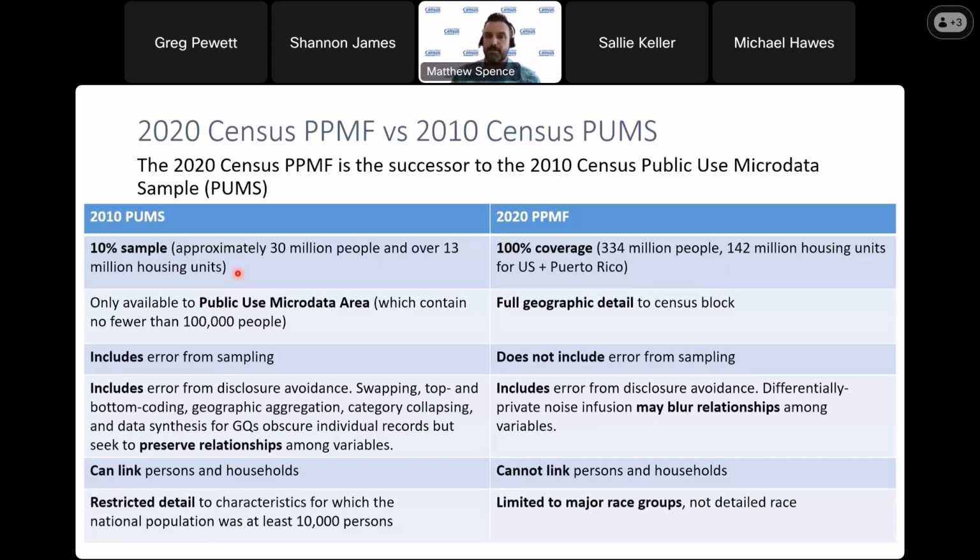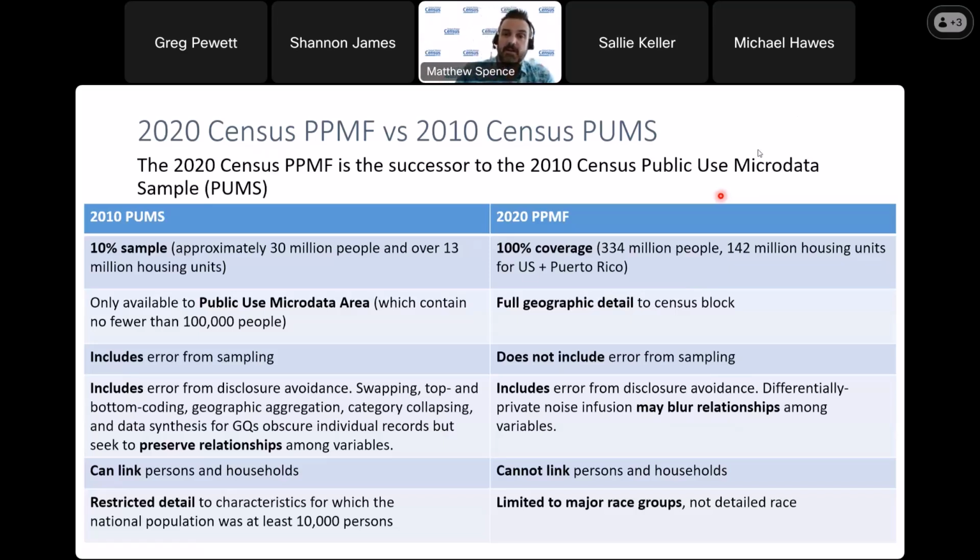The PPMF, on the other hand, is 100% coverage. You actually have 334 million people for the US and Puerto Rico, and 142 million housing units. It's really nice to have the full amount of coverage.